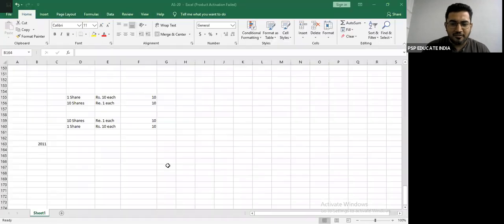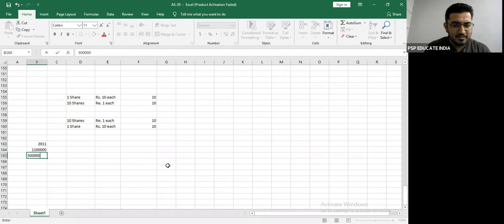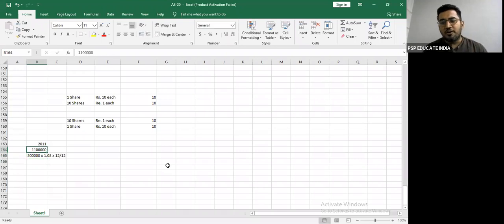So you have 11 lakhs divided by 5 lakhs multiply by 1.05 into 12 by 12. As what happened was, you were confused as to when, how many people will exercise the option of right shares and how many will not. In the previous year, the entire year, you did not know how many people will exercise the right shares.